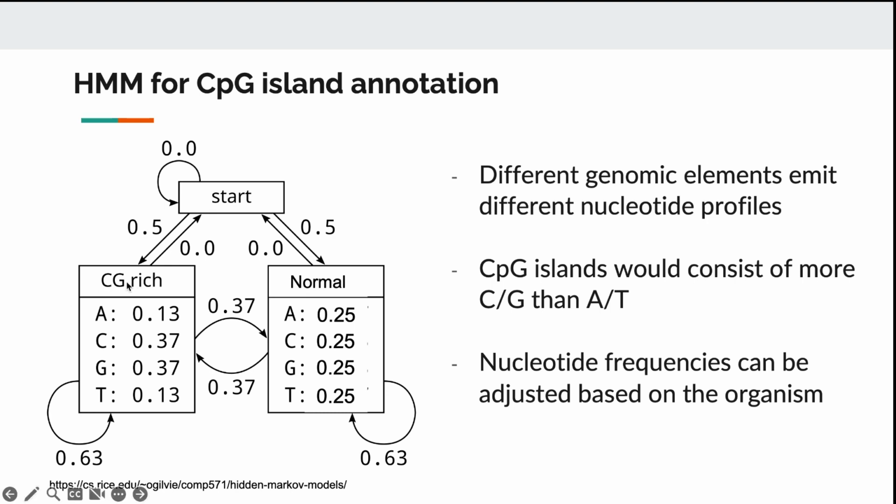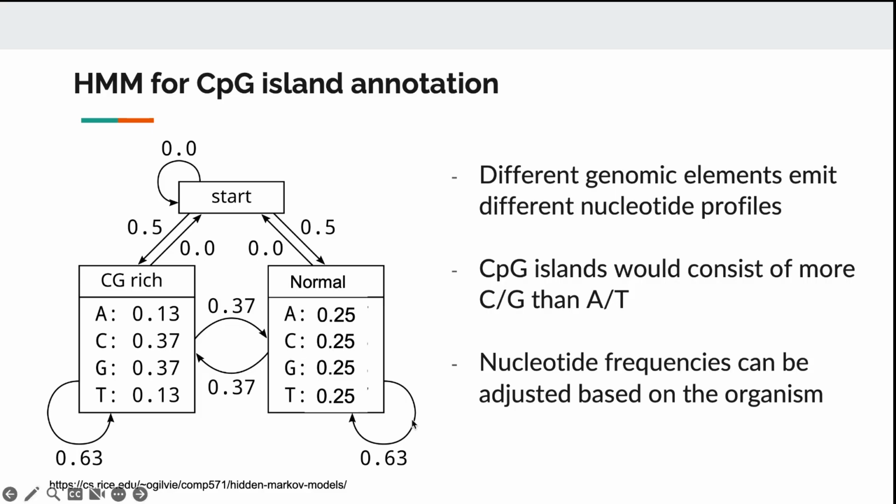In a CpG island, because it's CG rich, you're going to assign more probability to C and G. In the normal region, let's say you don't know anything about the nucleotide frequency of your genome, you can use a quarter each. But if you know the GC content of your genome, then you might adjust this accordingly.